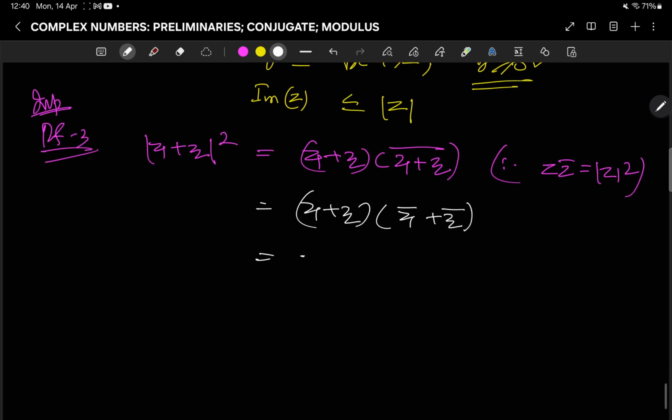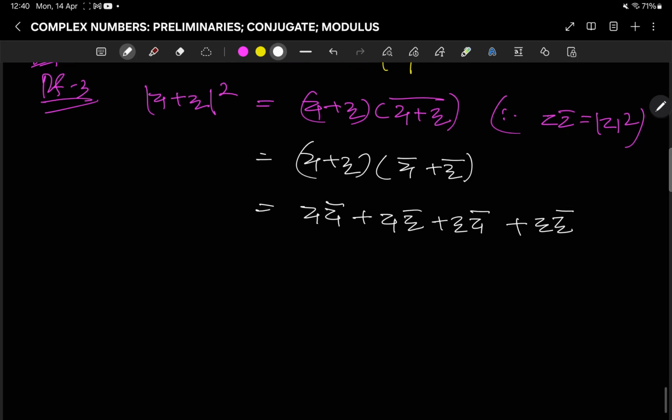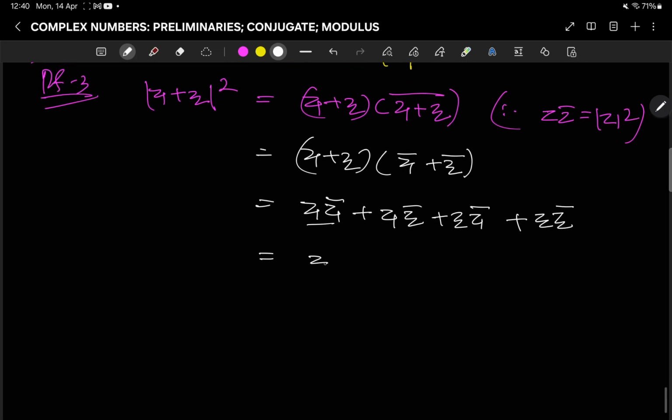So now you multiply it: z1 z1 conjugate, plus z1 z2 conjugate, plus z2 z1 conjugate, plus z2 z2 conjugate. So now you can write this as mod z1 square, plus z1 z2 conjugate plus the conjugate of z1 z2 conjugate, where there will be conjugate on z1, no conjugate on z2, plus this is your mod z2 square.